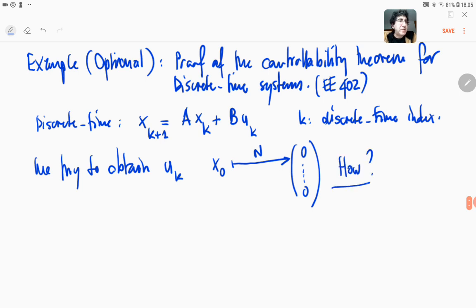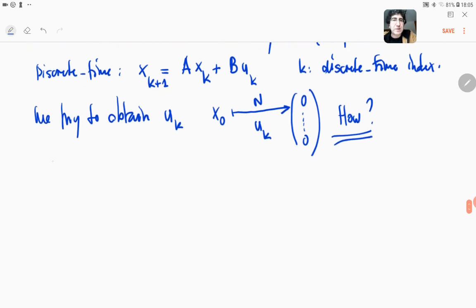So can we solve this problem? Can we find a number of inputs for n time steps such that we can take any initial state to the zero state? Okay, so let's try to see what happens with this.